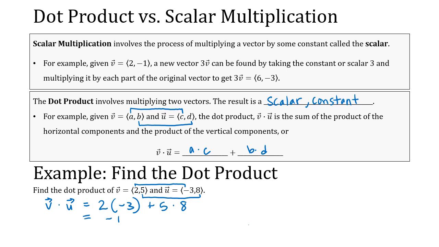So that gets me -6 plus 40, which is equal to positive 34. So the dot product is simply a number, which we said we could call a constant or a scalar.